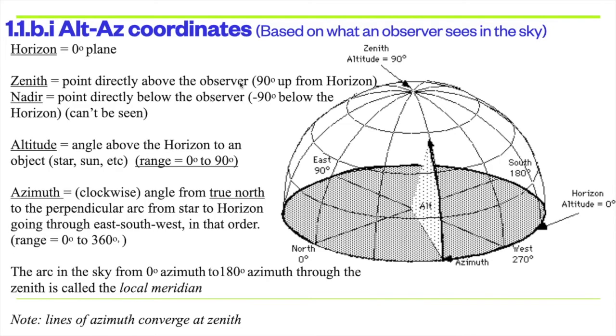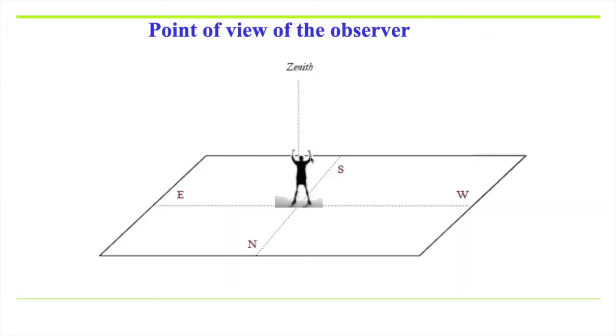This coordinate system is completely based on what an observer sees in the sky and how he is positioned himself. Let us say you are standing in the middle of a ground, so your own body forms one axis. That is, if you imagine a z axis starting from Earth's center through your body towards the sky, then that axis, your body axis, touches the sky at a particular point which is exactly on top of your head, and that is called the zenith point in the sky.